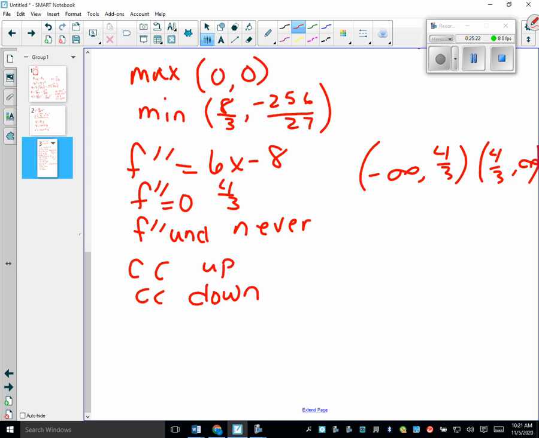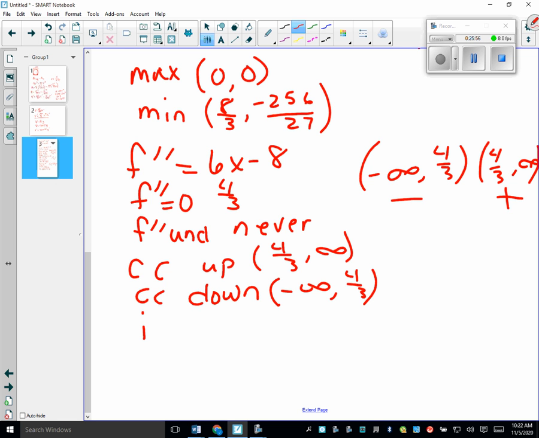Okay, pick a number between negative infinity and 4/3. 0. When I plug 0 in, it is negative. When I plug 2 in, it is positive. So it is concave up from 4/3 to infinity, concave down from negative infinity to 4/3. Correct?